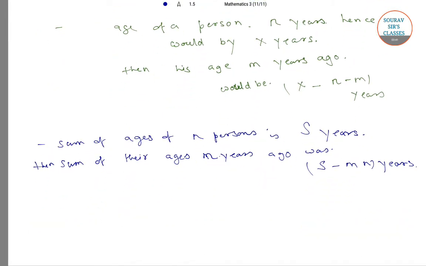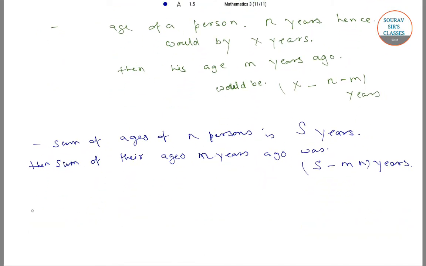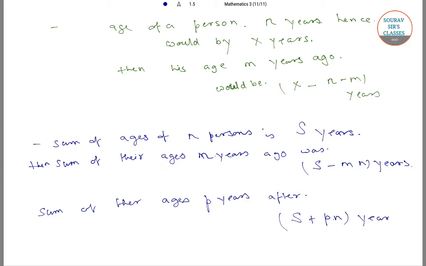Similarly, the sum of their ages P years after or P years in future would be S plus P into N years, and the average would be the sum divided by N.